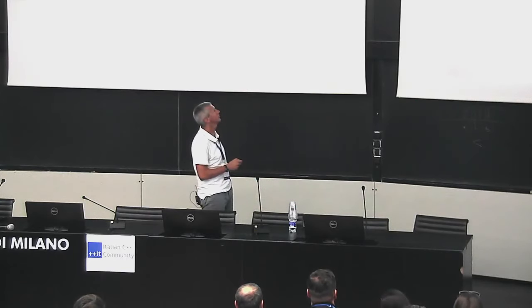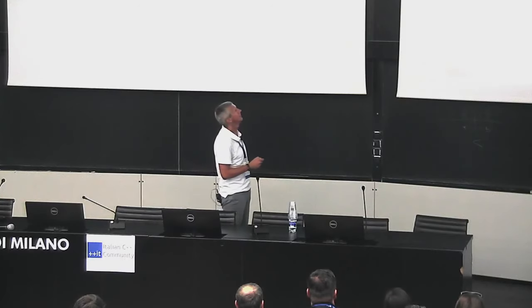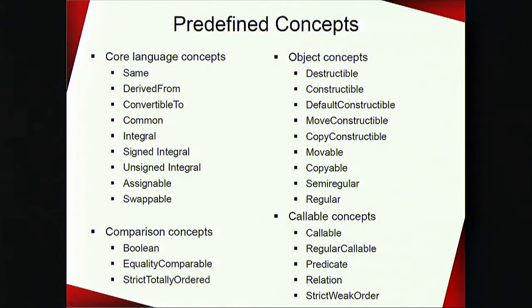You have core language concepts such as same, derived from, convertible to, common, integral, you saw it. I defined it to show it to you, but you don't have to do it. You have integral, signed integral, unsigned, assignable, swappable. I assume you know what that means. Then you have comparison concepts such as Boolean, equality comparable, and strict totally ordered.